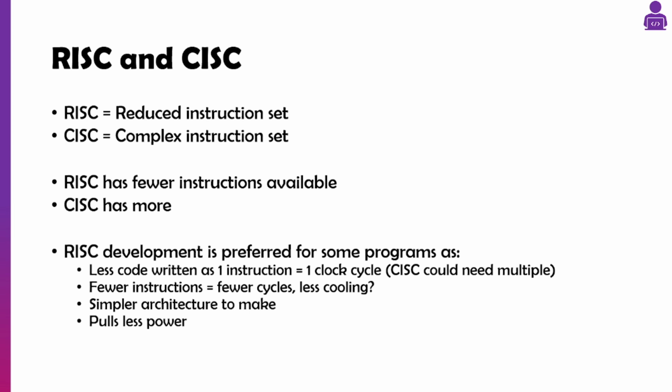Whereas CISC might take multiple instructions for one line of code. So if there's fewer instructions, there's fewer cycles, less cooling, less power, faster you could say. It's simpler to make and it pulls a lot less power, which is good for money, energy usage, lots of different things really.